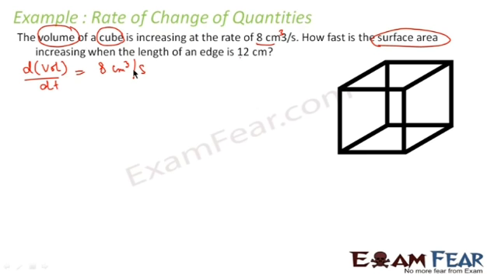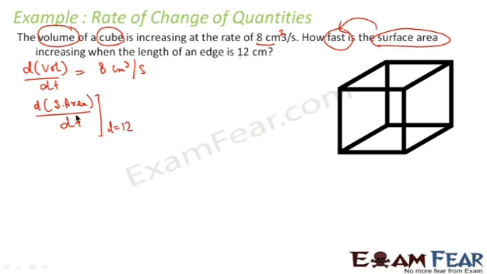Now the question says how fast is the surface area increasing. That means I have to find d of surface area with respect to dt. Why? Because it's saying how fast. Fast is nothing but change of surface area with respect to time, because fast, slow, this denotes time. How fast is the surface area increasing when the length of edge is 12.